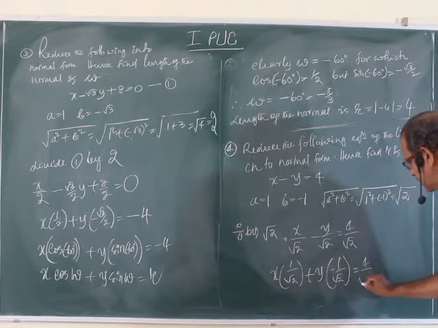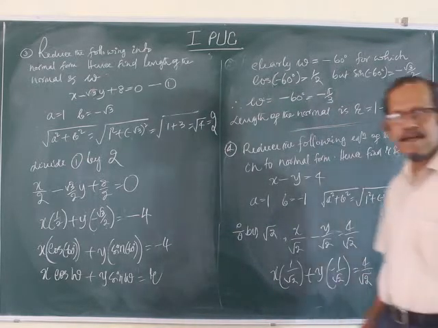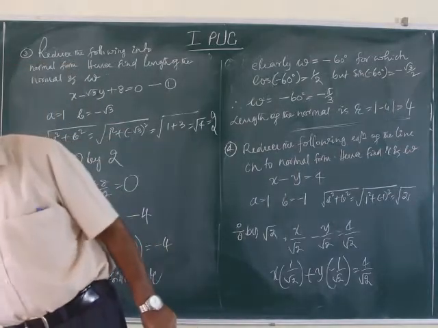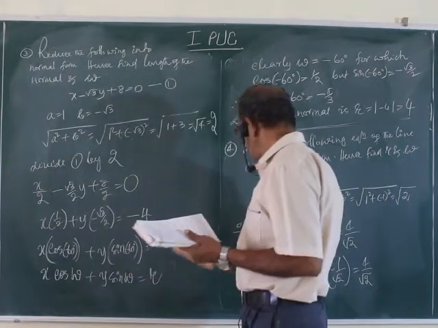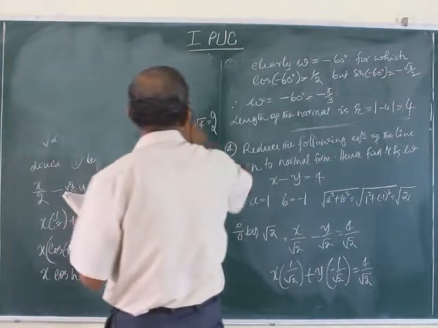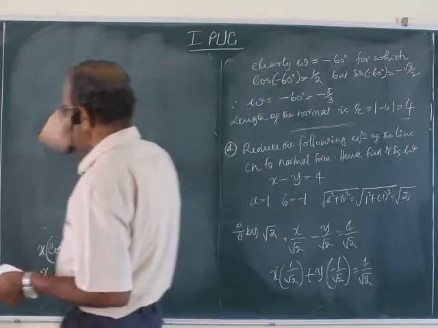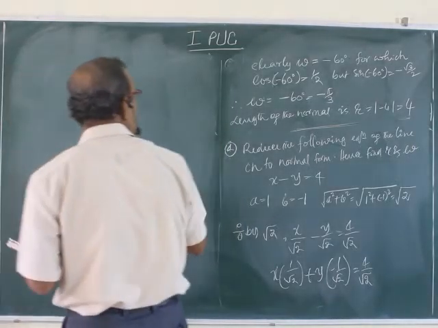Let me write as it is. Yes. Now give me the angle. cos theta is 1 by root 2, but sin theta should be minus 1 by root 2. Again same quadrant angle. Minus 45 degree.